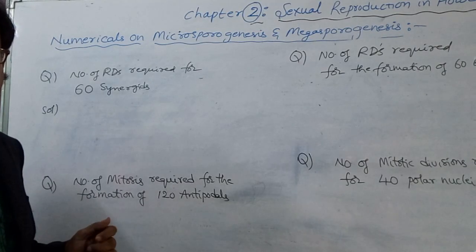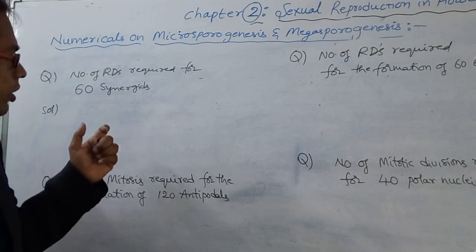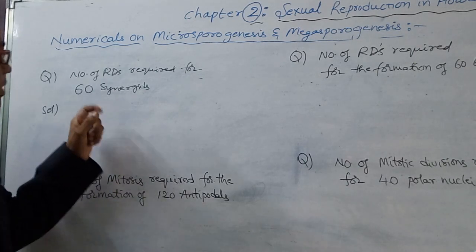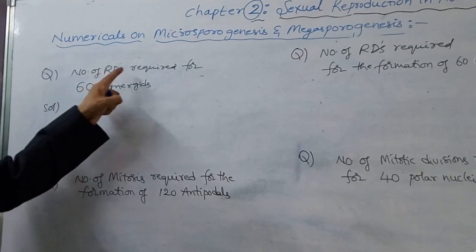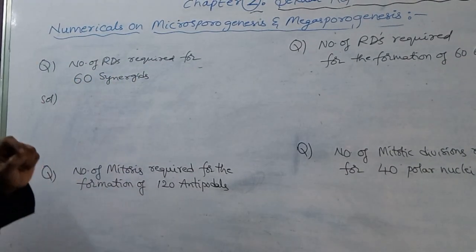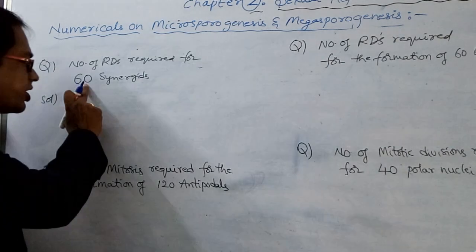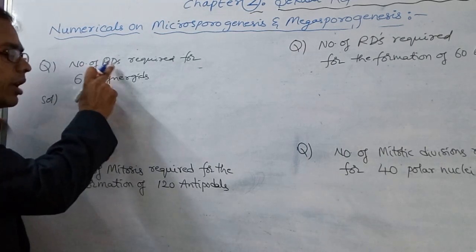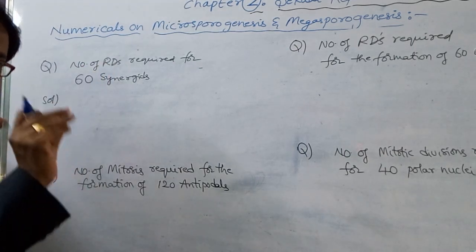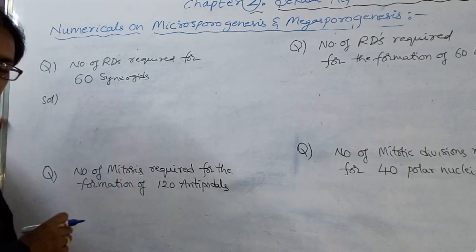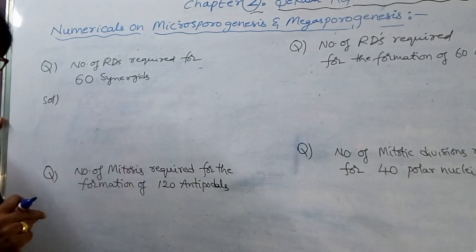Okay, my dear students, now we are going to solve some problems on megasporogenesis. Number of reduction divisions required for the formation of 60 synergids. What they have given? 60 synergids. What they are asking? Number of reduction divisions. RDs means reduction divisions. In one embryo sac, how many synergids are present? 2.